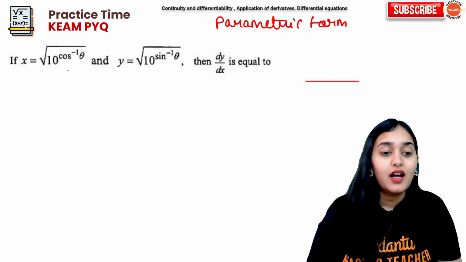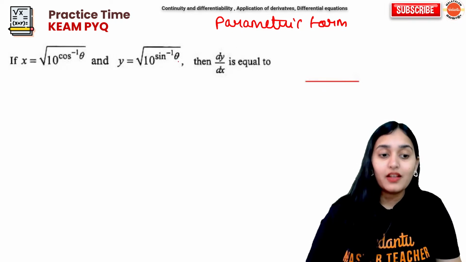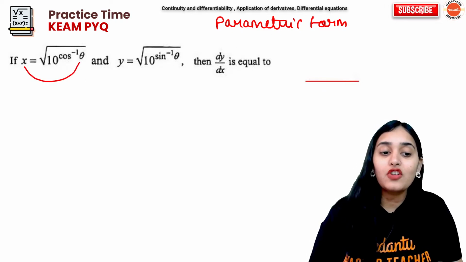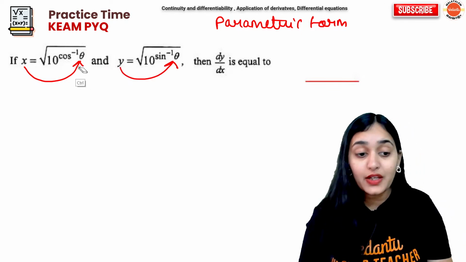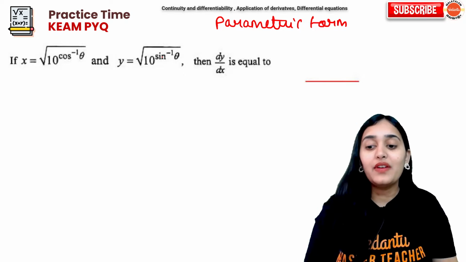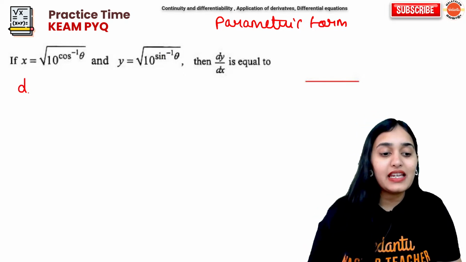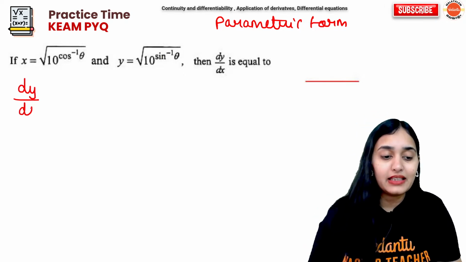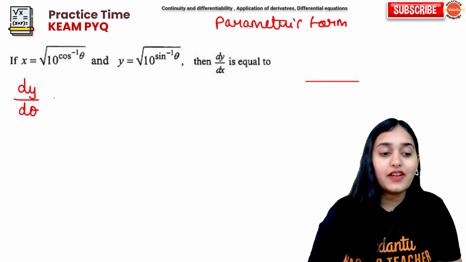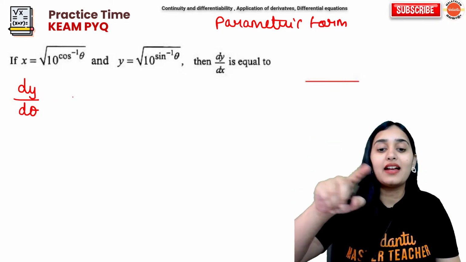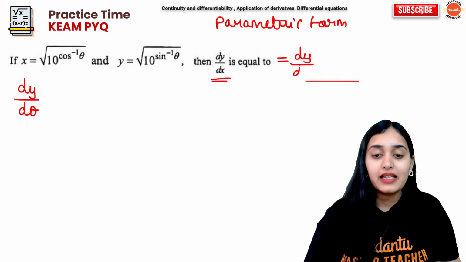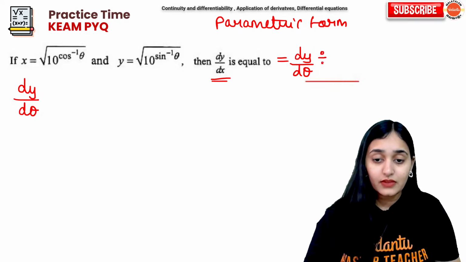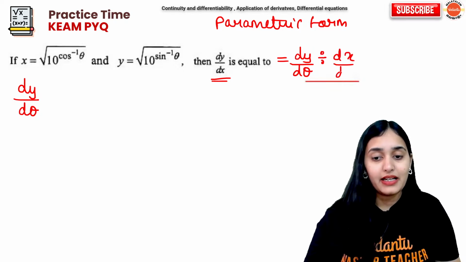Okay. So this is a parametric form equation. Why? Because x is a function of theta, y is a function of theta. What do we do in this situation? We simply find dy by d theta and dx by d theta and divide. So dy by dx is equal to dy by d theta divided by dx by d theta.